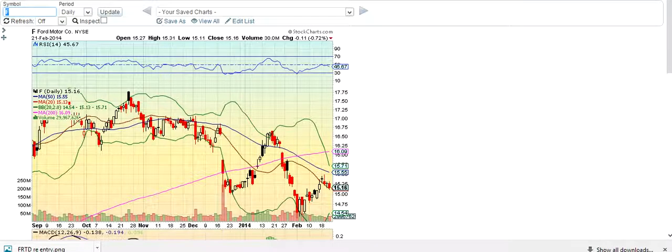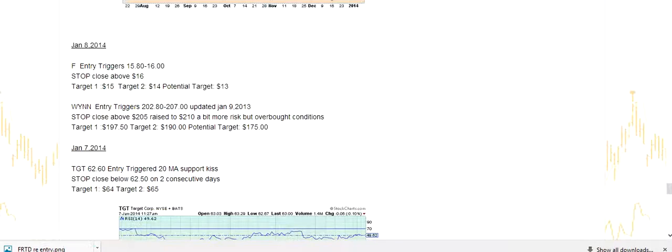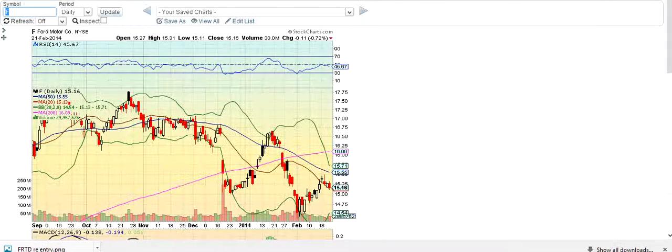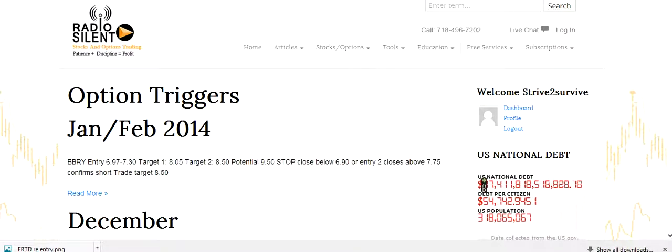We sent this out January 8th, and you could have entered in this range right here. That stock pretty much collapsed and hit a low of about $14.40, so that would have been a profitable trade.